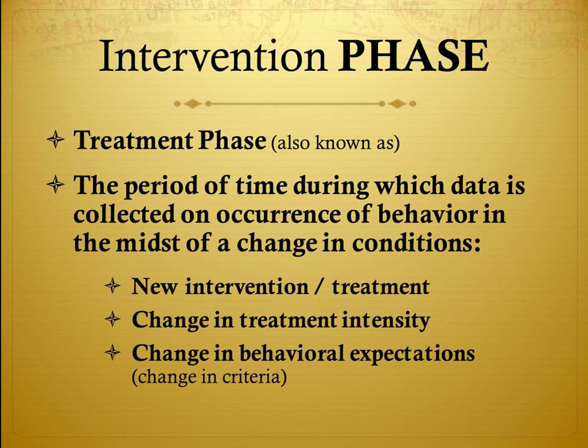And as they meet that expectation, you raise the standards and you say, okay, you now want to aim for 1 every 3 minutes or 4 minutes. Anytime you initiate any change like that, either in the treatment itself or in the behavior that you're measuring, you are in an intervention phase.